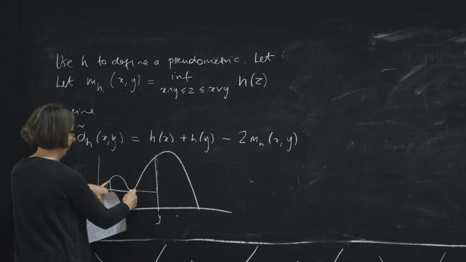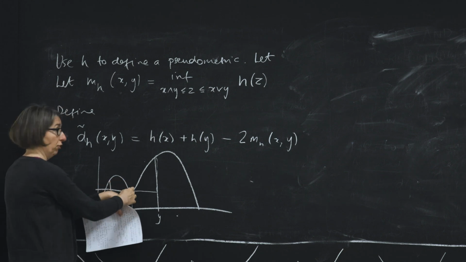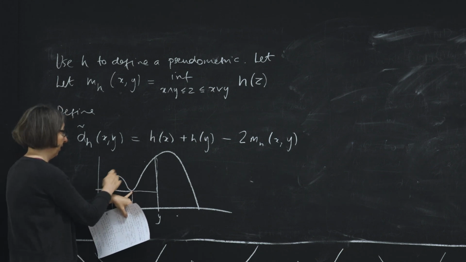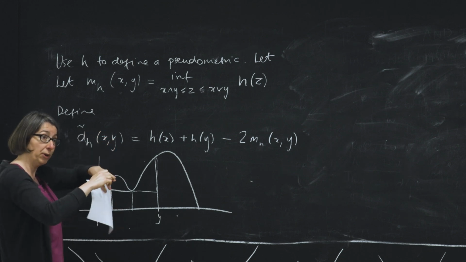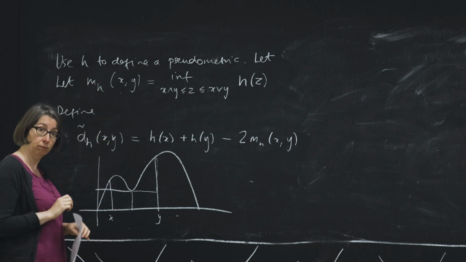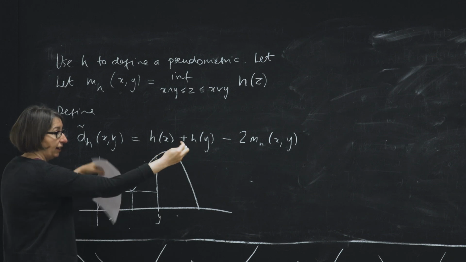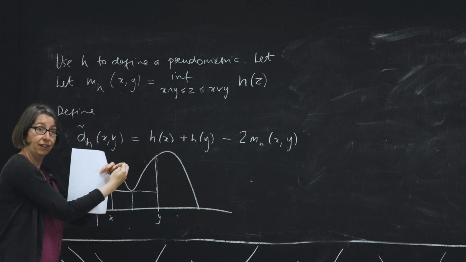So this is going to eventually be a branch point in my tree where the distance between x and y is obtained by going down to the branch point between them and then back up. And that's going to do exactly what my gluing operation did.